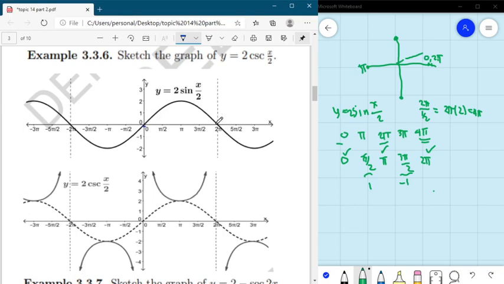Then 2 pi, and then 4 pi. So 0, 2 pi, 4 pi are where the sine is 0.